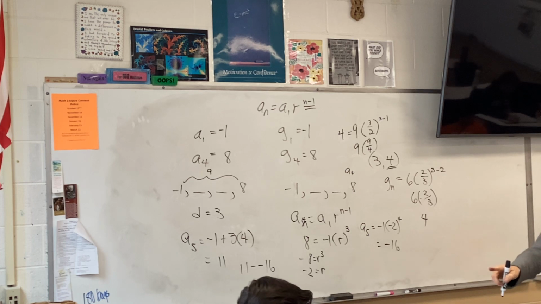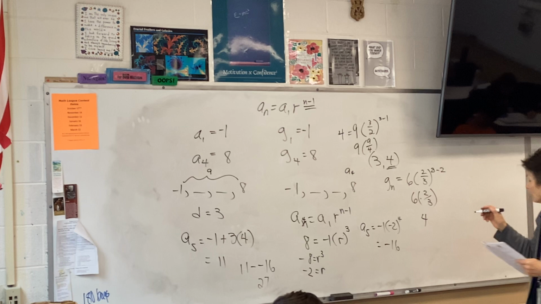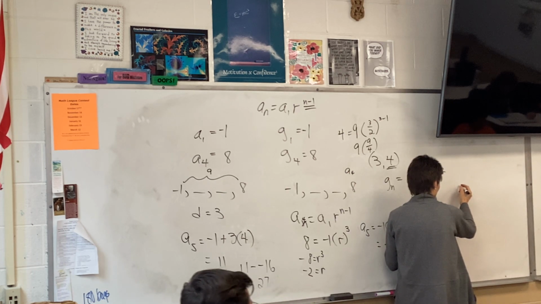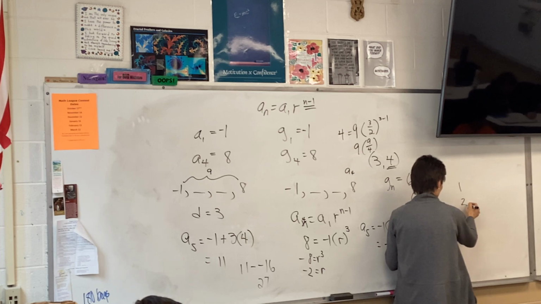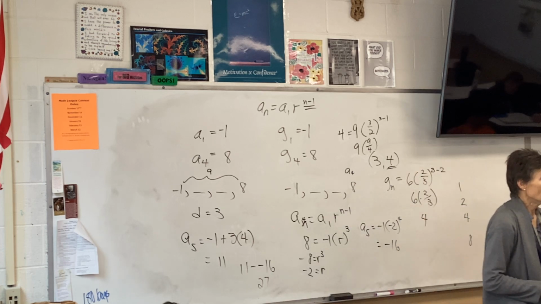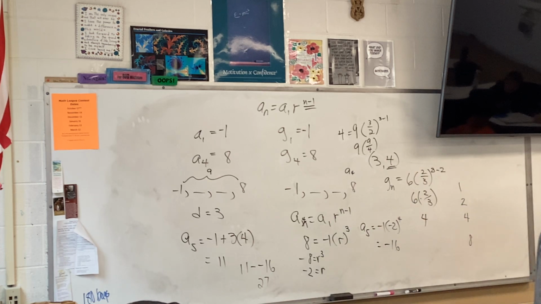This one is geometric or exponential. This one's exponential because look at those differences, guys. What's your first difference? 1, and then 2, and then 4, and then 8. What's happening to those differences? Aren't they being multiplied by 2?